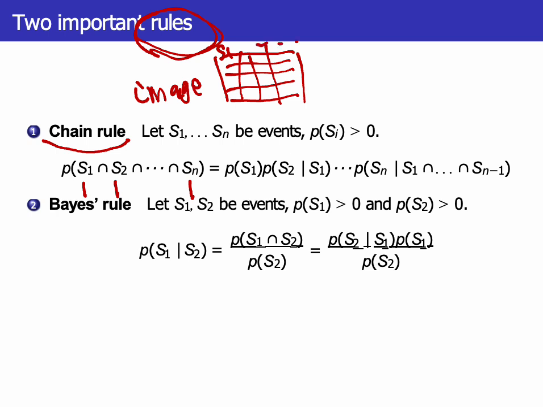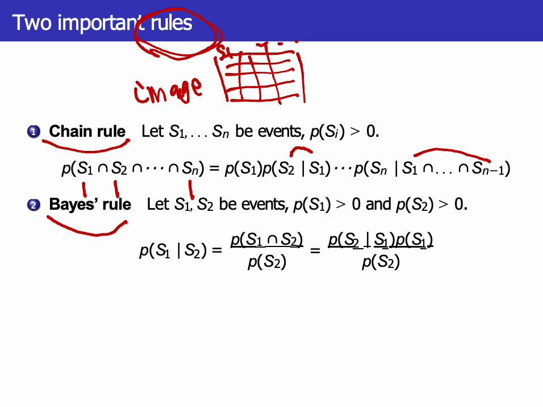This is a joint distribution, p(S1 ∩ S2 ∩ ... ∩ Sn). What the chain rule tells you is you get p(S1), then multiply p(S2 given S1), and this continues to p(Sn given S1 ∩ ... ∩ Sn-1). So this is the chain rule.